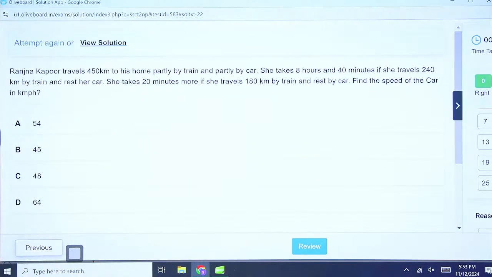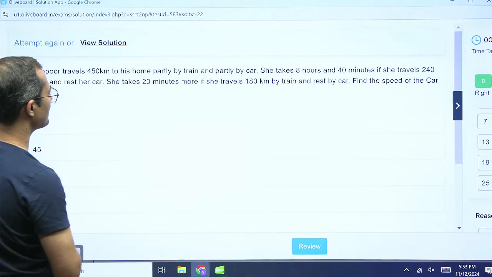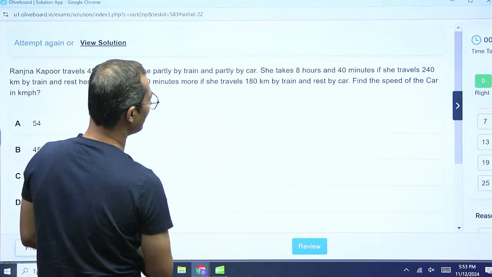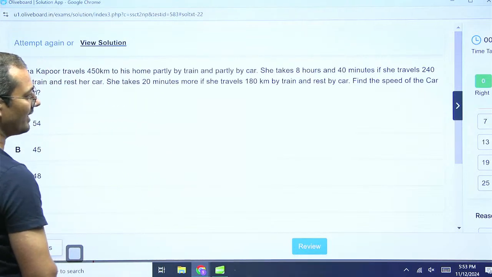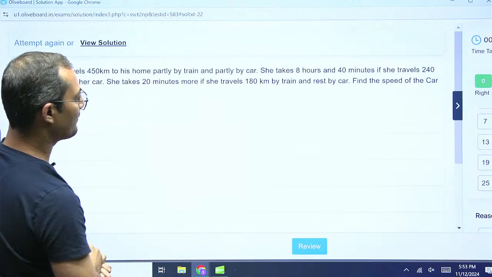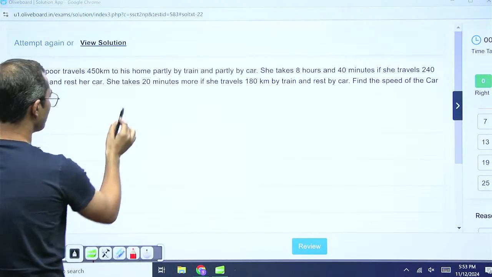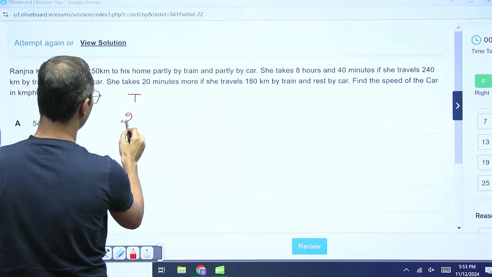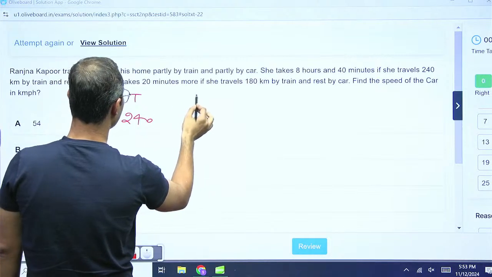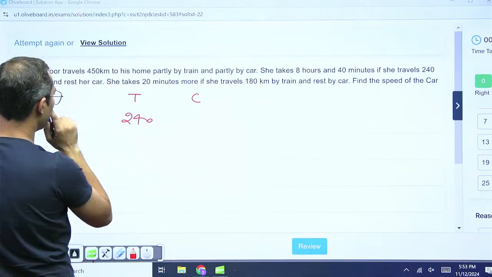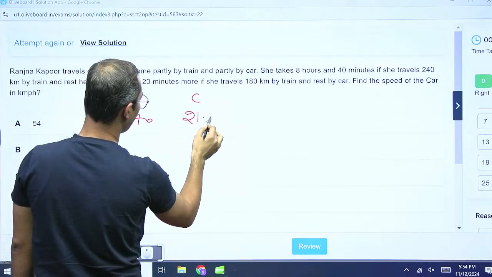Tell me what is the answer for this question. Ranjana Kapoor travels 450 km to her home partly by train, partly by car. She takes 8 hours 40 minutes if she travels 240 km by train, right? So by car she will cover 450 minus 240, so 210.